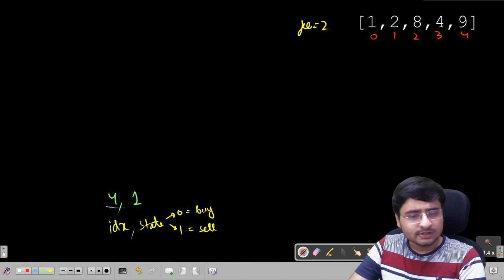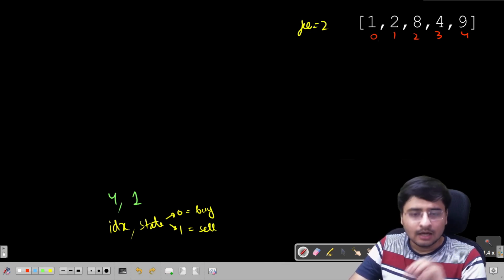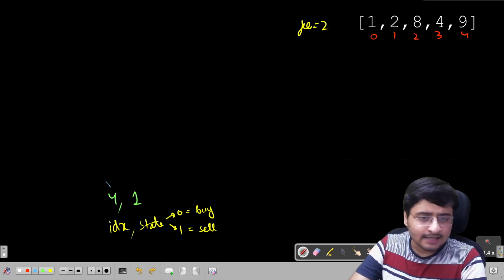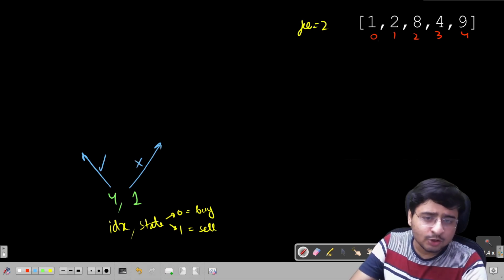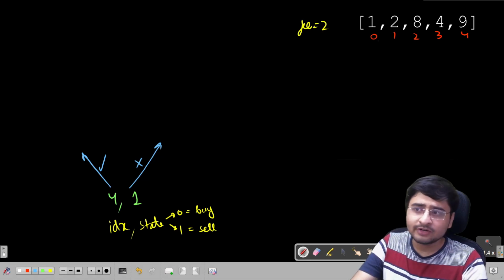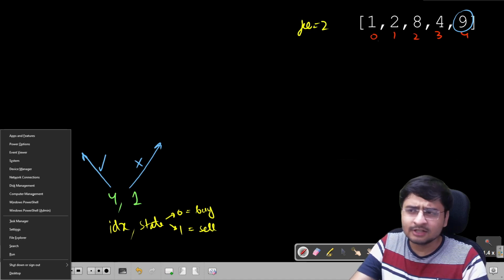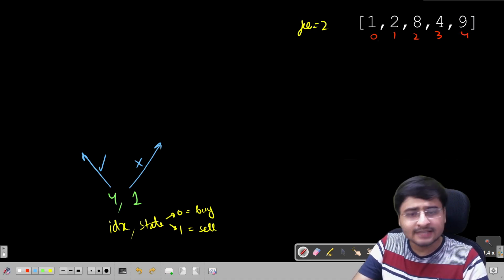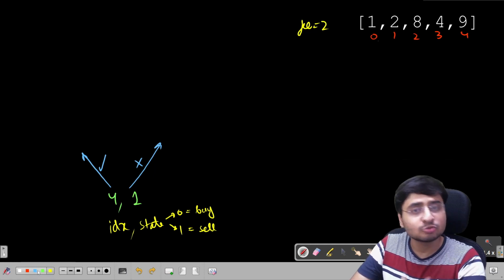So 4th index I'm standing on and state is 1. Now, according to state 1, either I can sell on this day or I can ignore selling on this day. If I sell on this day, let's not talk about profit right now, the previous day has to be a buy day.